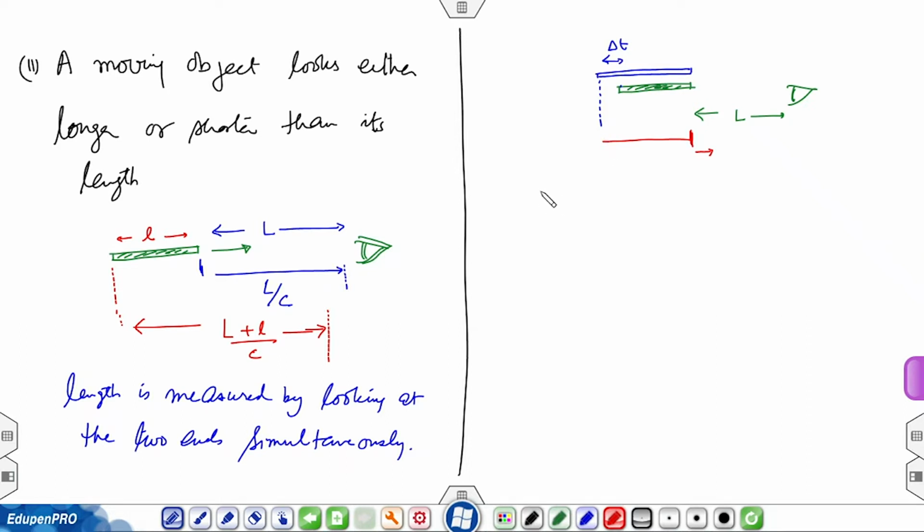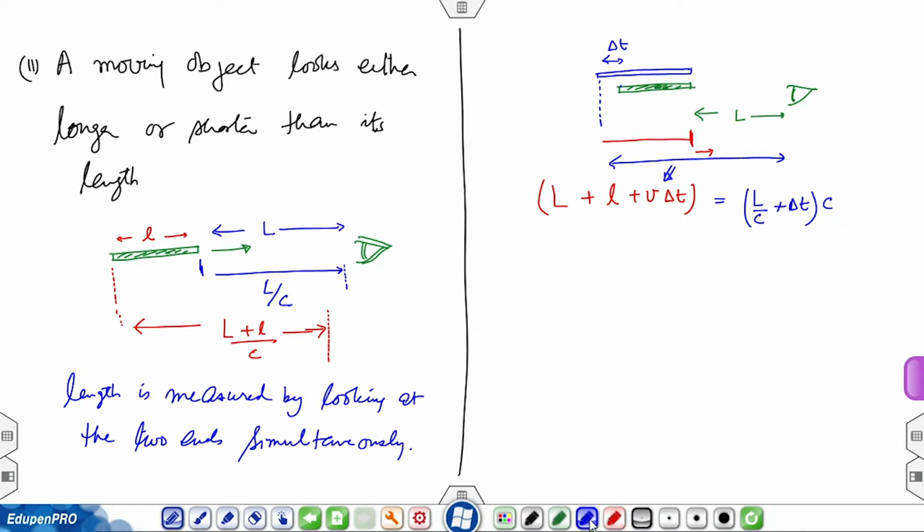So that what we have is that L plus v delta t, this is the whole distance when the light left, should be the same as (L over c plus delta t), this is the time it took to reach the eye so that they reach simultaneously, times c. These two distances must be the same.